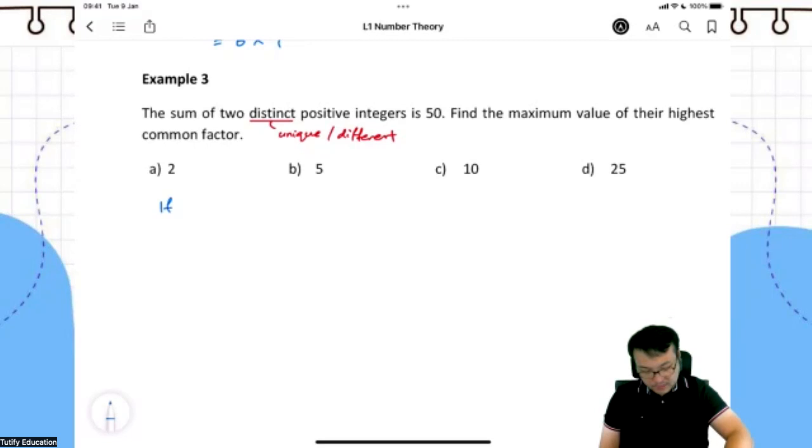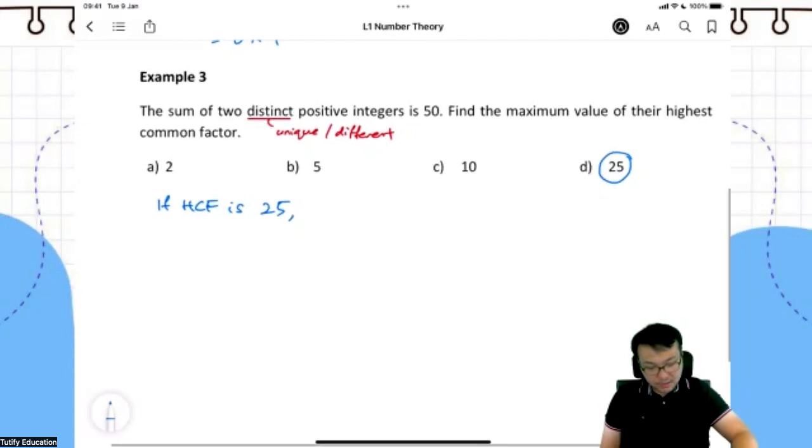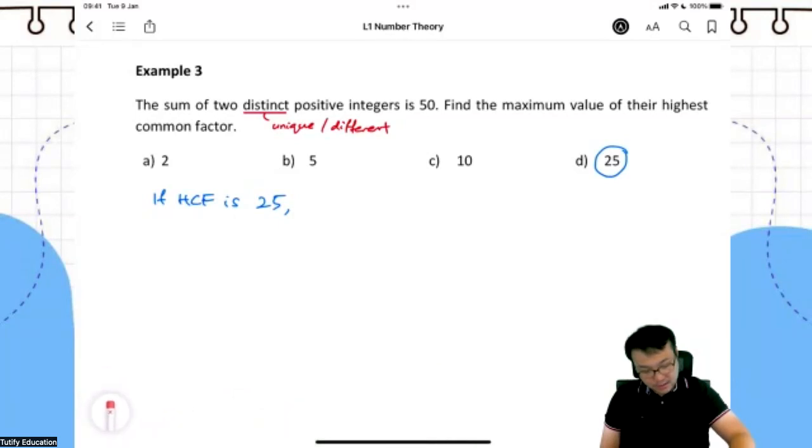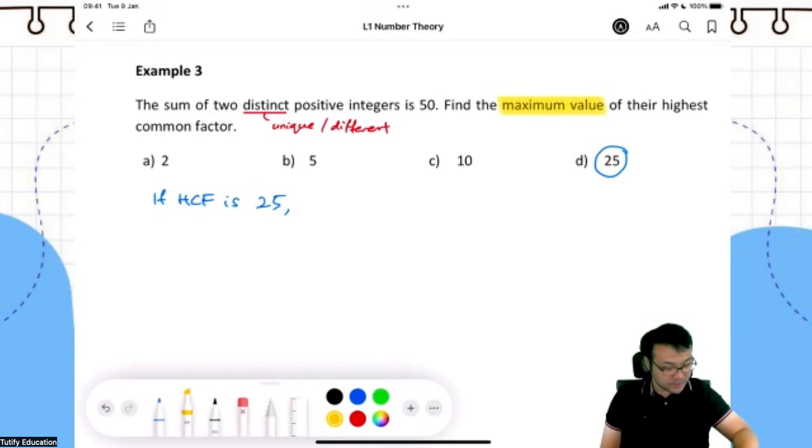Let's just say that the highest common factor is 25. Okay, how did I know? Where did I get the number 25? I'm just simply choosing the largest number. Why am I choosing the largest number? I'm choosing the largest number because the question is asking me for the maximum value.